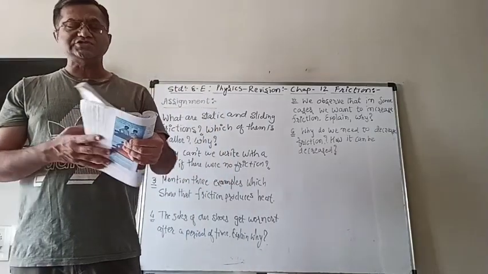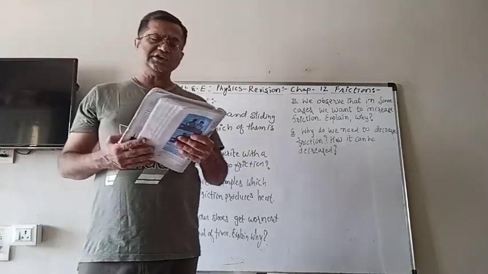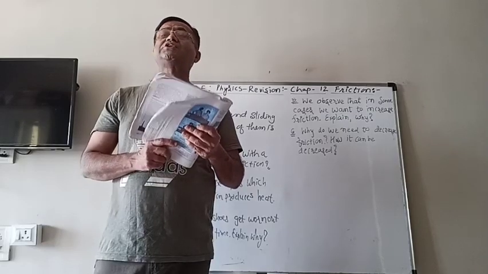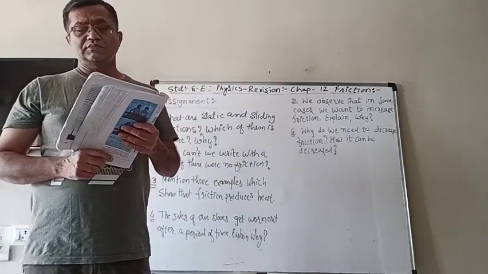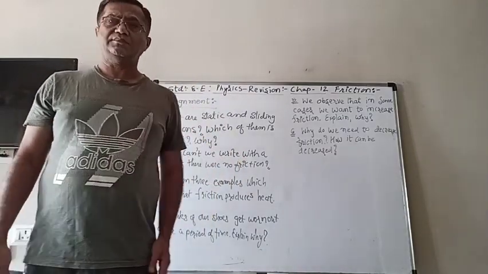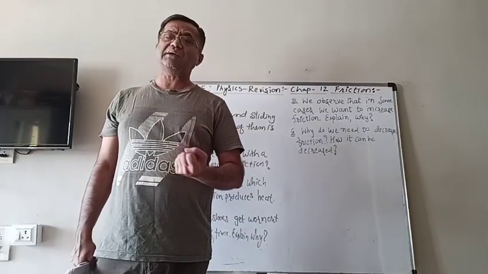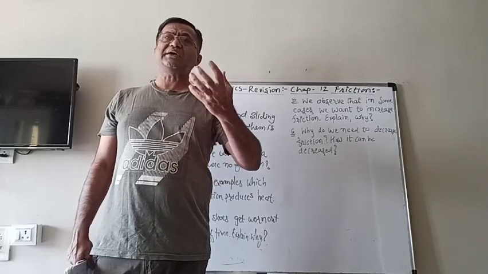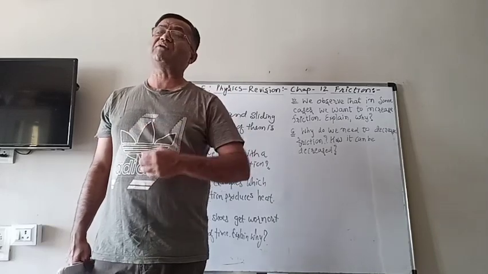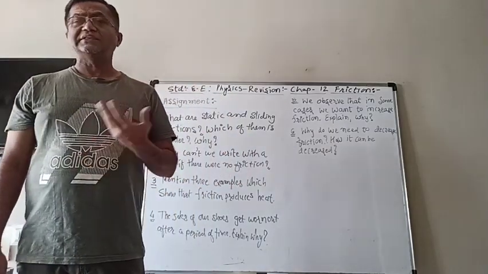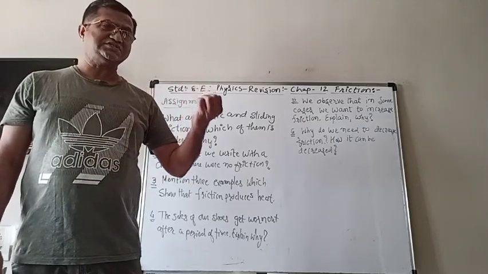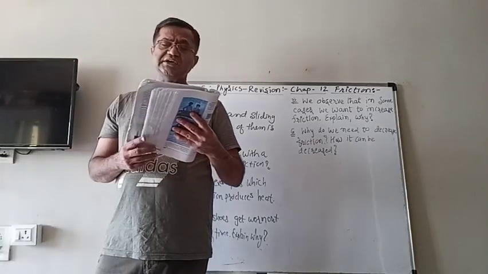Without friction, there are some things that we won't be able to do. And on the other hand, friction sometimes causes some disadvantages also. And therefore it is said that friction is a necessary evil.